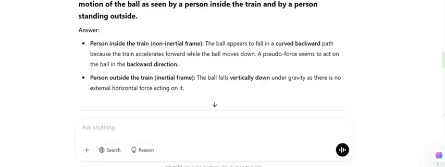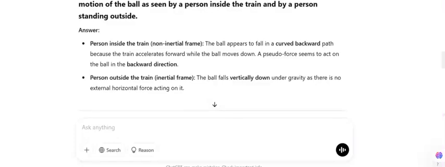Please make the words clear, Akshita. Is it audible to you clearly? Yes, ma'am. Very good. Therefore, if a person is standing outside, the ball will fall vertically down under gravity and there will be no external horizontal force acting on it.